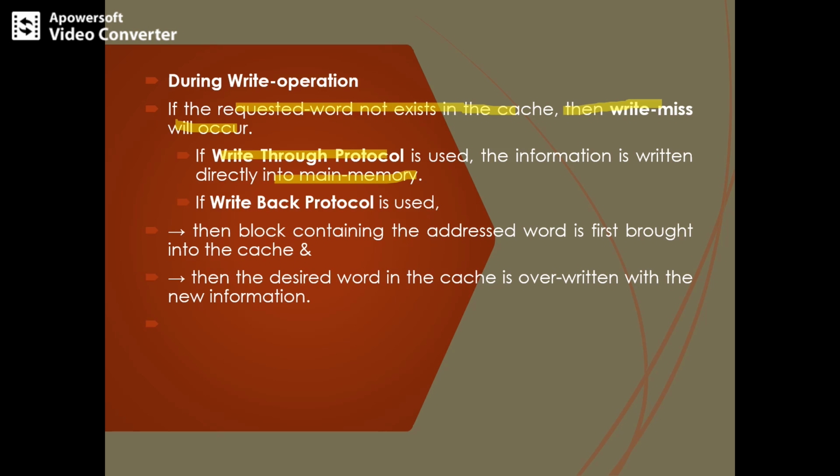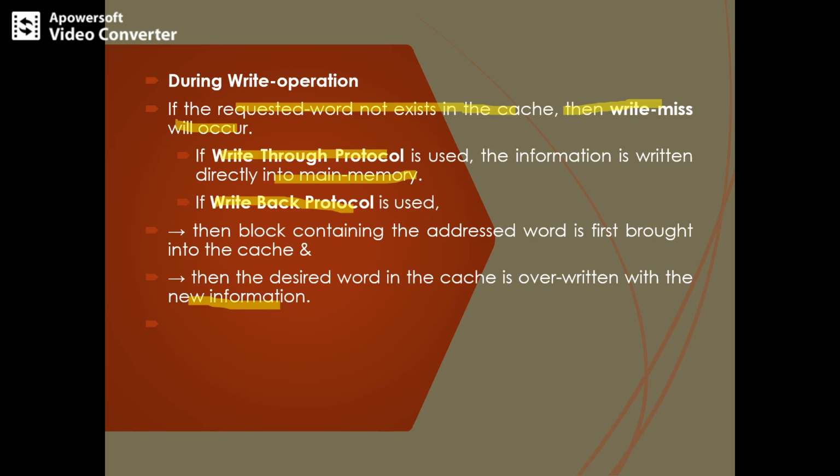Successfully the information will be copied into the cache as well as main memory. If you are using write back protocol, then the block containing the addressed word is first brought into the cache, and then the desired word in the cache is overwritten with the new information.